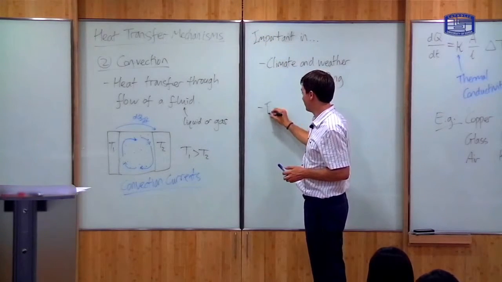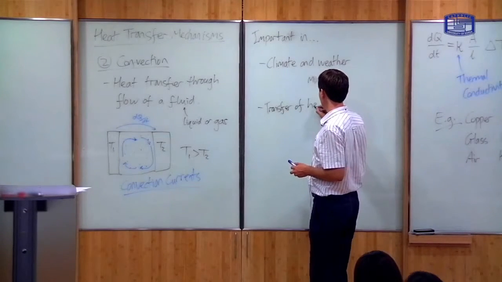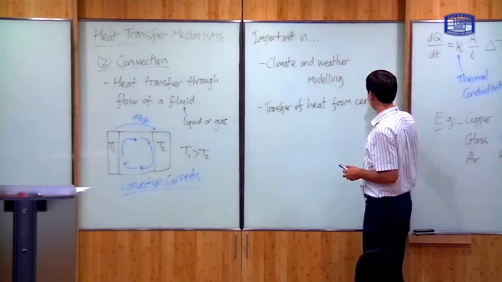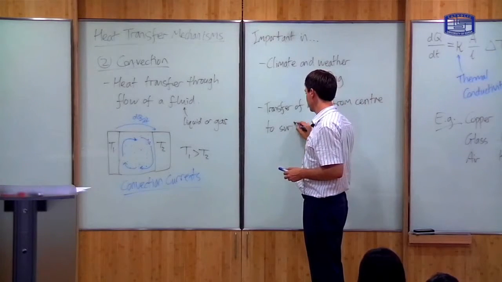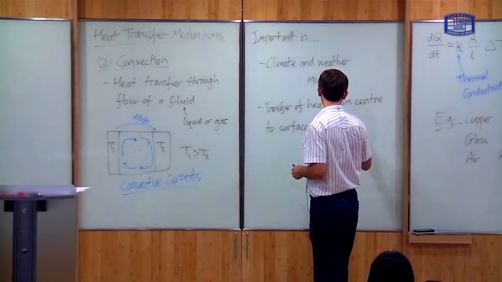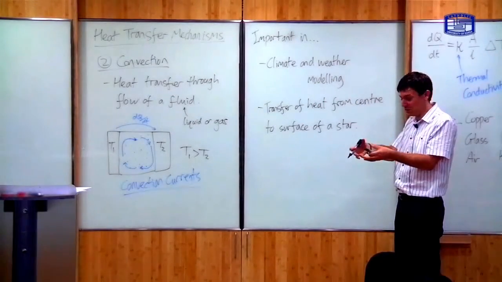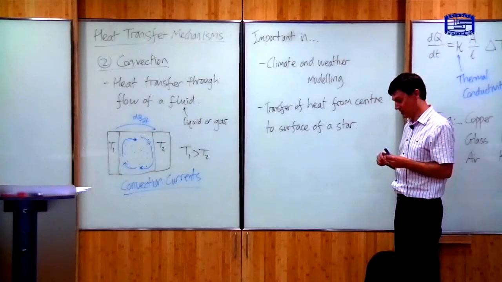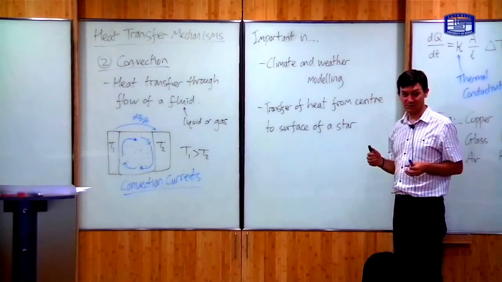So this is the transfer of heat from the center to the surface of a star. The center is hot because that's where the nuclear fusion takes place. And the heat is transferred to the surface where it is emitted as light, mostly through convection.